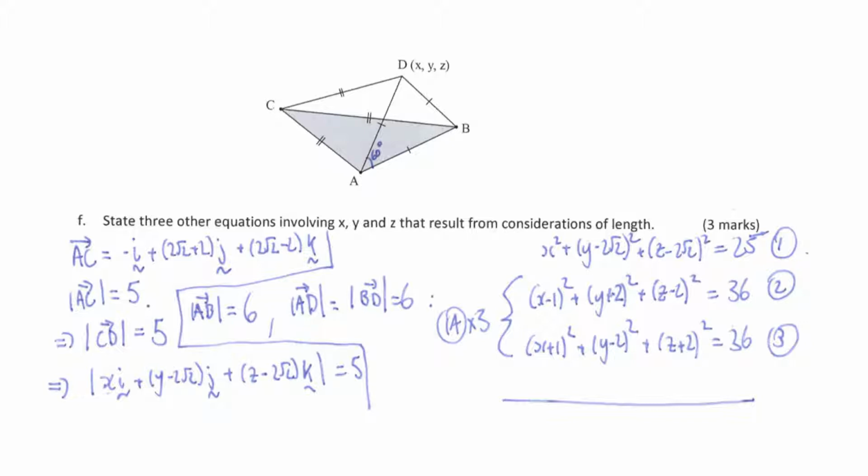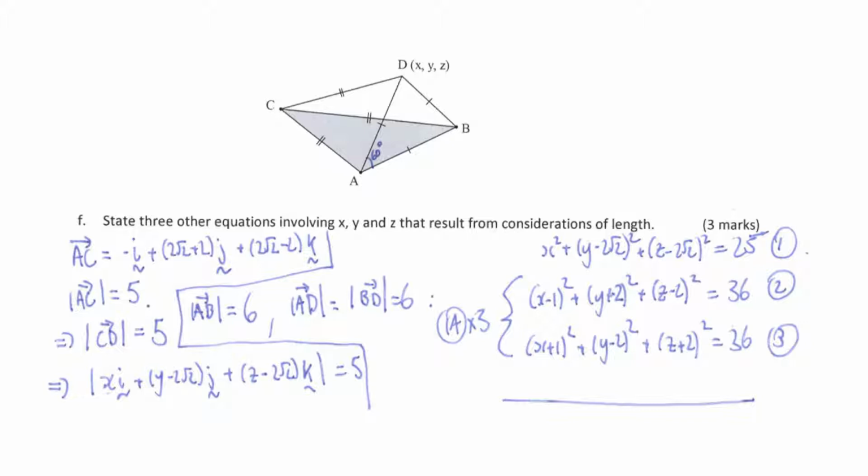Okay, now the other 2 considerations of length are AD, which we know is equal to 6, as well as BD, and it's just coming up with the Cartesian expression. So AD: xi plus yj plus zk minus your position vector for A, and similarly for BD.